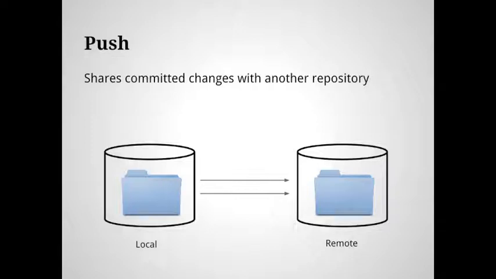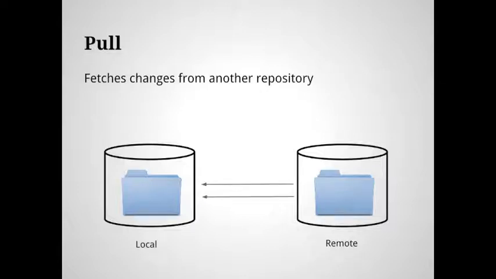So you can push from one repository on your machine to another repository, maybe on the same machine. You can also do that to a remote server, or in some cases, this can be just a more shared environment. And once you're ready to pull the latest and greatest changes from that remote repository, you're going to pull the changes from the repository.